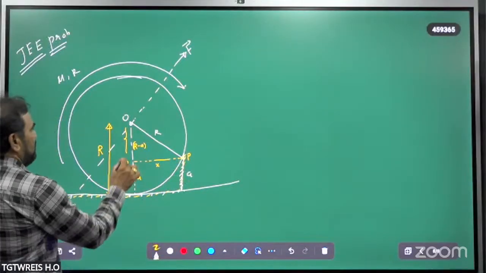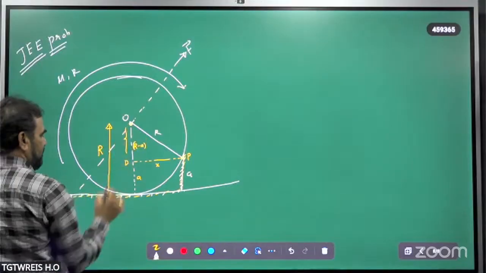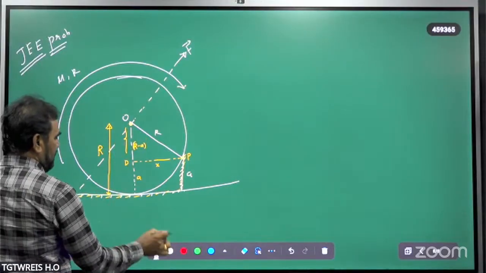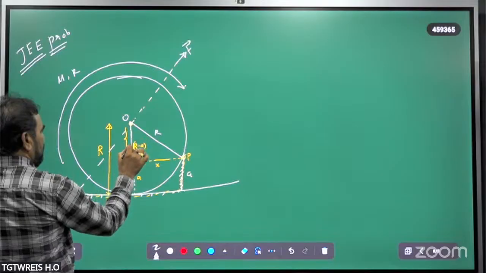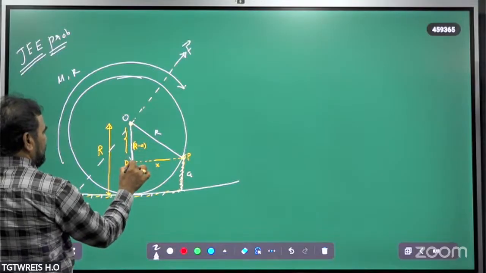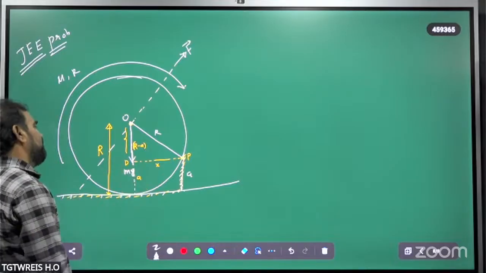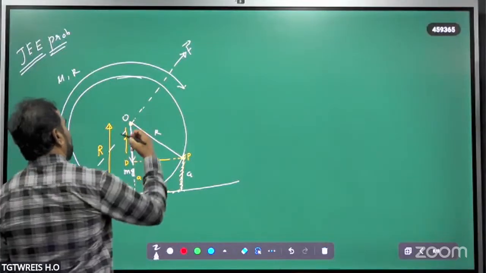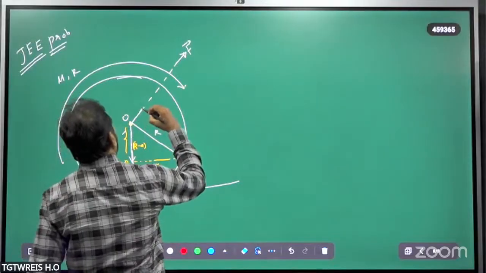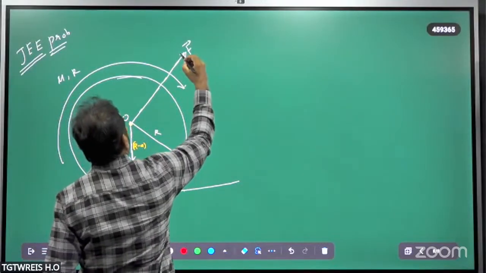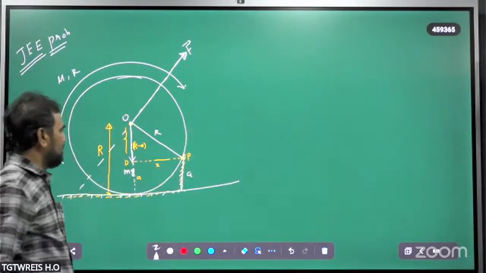From the center, the weight mg is acting in the downward direction, and the applied force is acting along this direction.